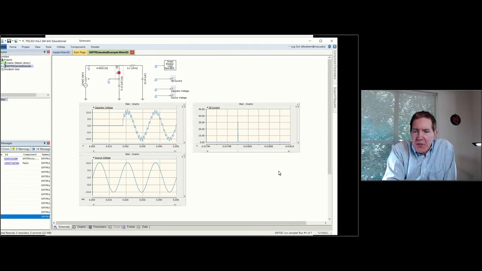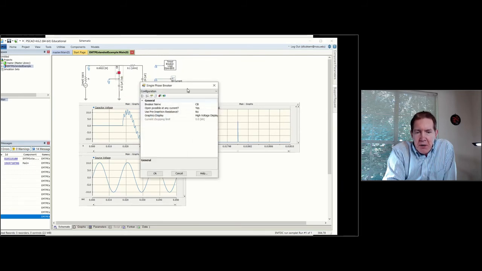Something else I'm also showing in here is the inrush between the two capacitors when the circuit breaker switches in. And what you can do in EMTP is if I open up this circuit breaker, you can see instead of having to put a second current measurement in here, I can go to input output variables.